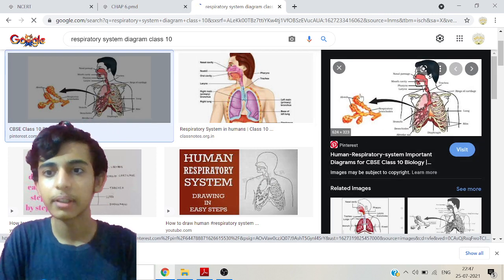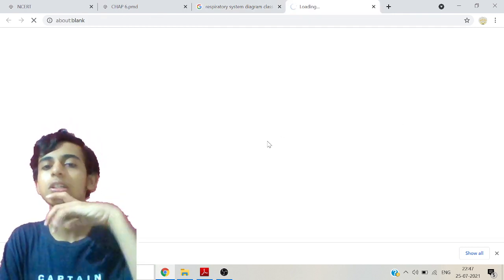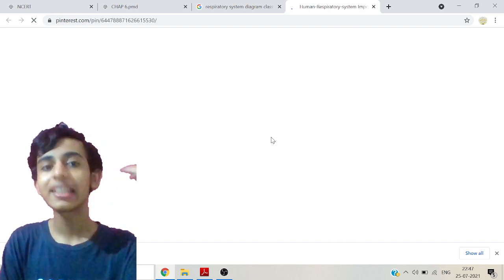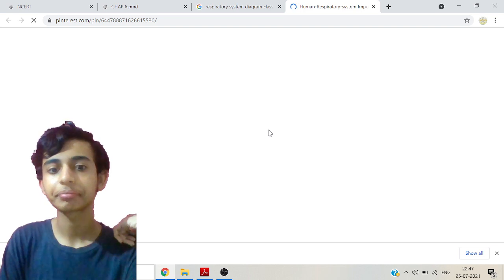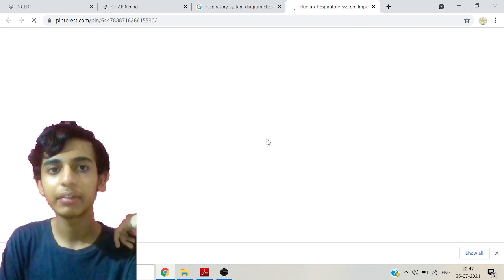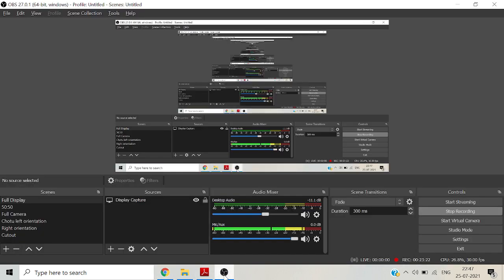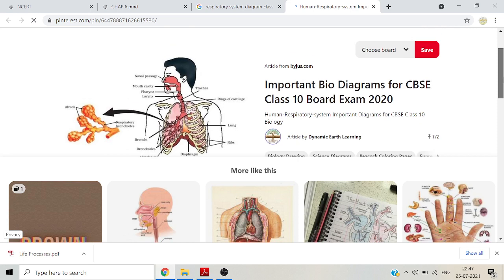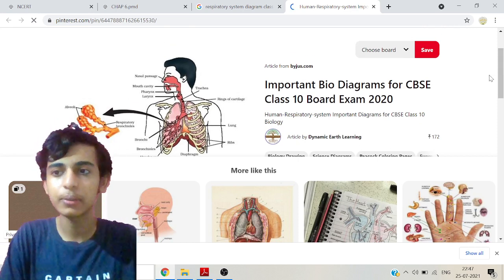Can I zoom it? I think I should switch off my camera so that it can be visible to you. Yeah, so this is your diagram, as you're able to see.